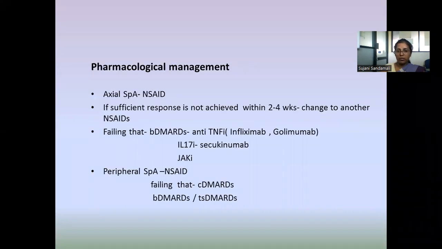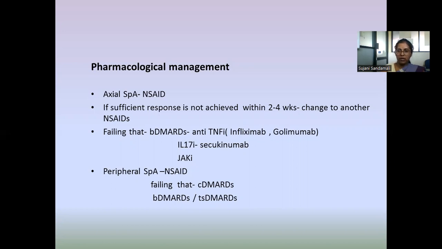When it comes to pharmacological management, in symptomatic axial spondyloarthritis, you can start with a non-steroid anti-inflammatory drug. Start with one drug and gradually maximize the dose until the patient tolerates, until reaching the maximum dose within 2 to 4 weeks, and you can monitor the response using clinical scores, ASDAS and BASDAI kind of scores.